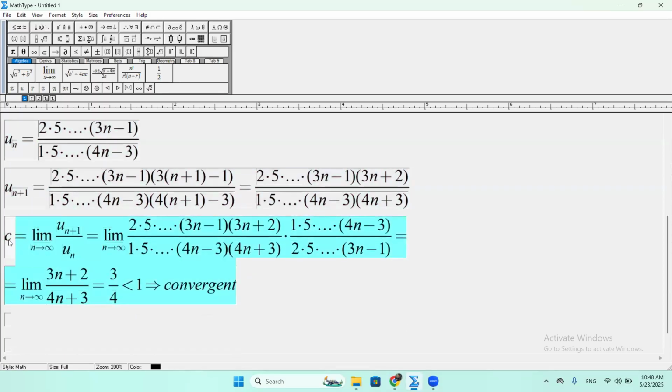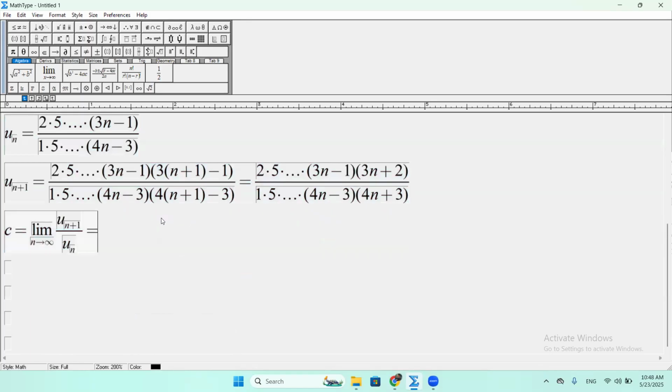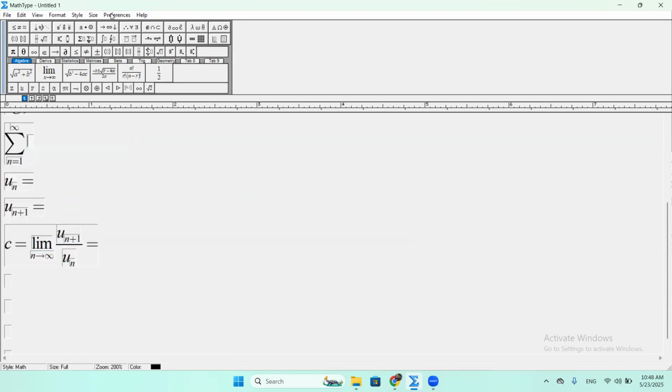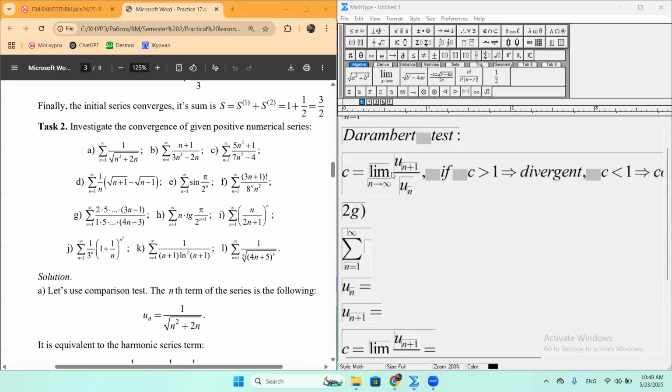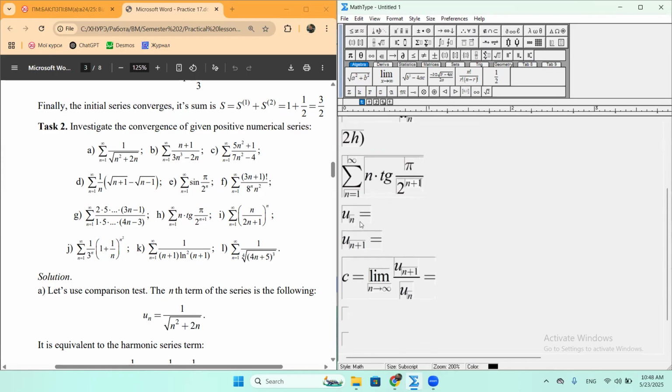So, moving next. Okay, let me leave this formula as well. So, we'll save our time. So, 2h n by tangents over p over 2 in power of n plus 1.